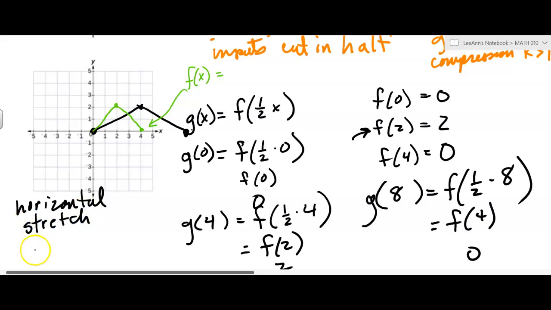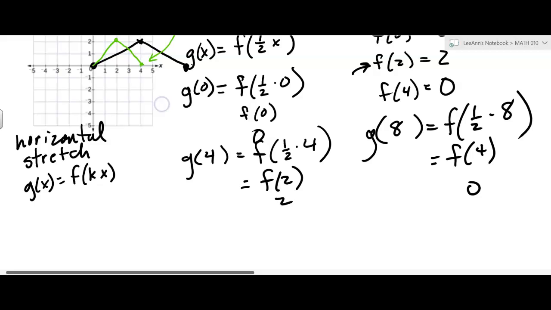And that happens when we have g of x equaling f of kx, some constant times x, but now k is between 0 and 1. So it's kind of opposite of the vertical stretch and compression.